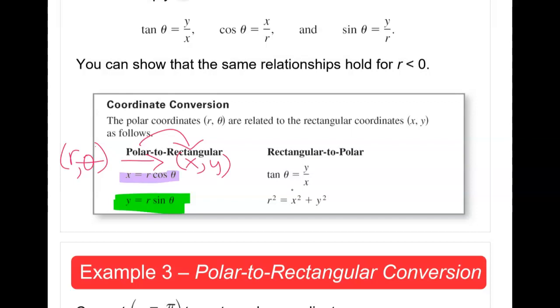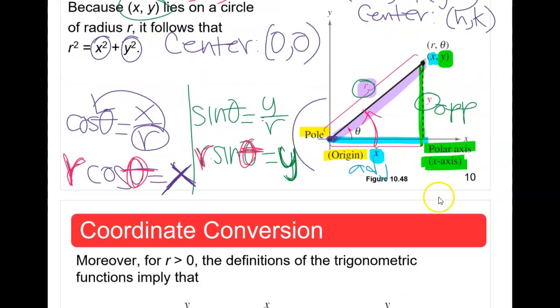Now, how can we do the reverse of that, meaning going from rectangular xy to polar r theta? So one relationship that we could always use if we know x and y is going back to that triangle.